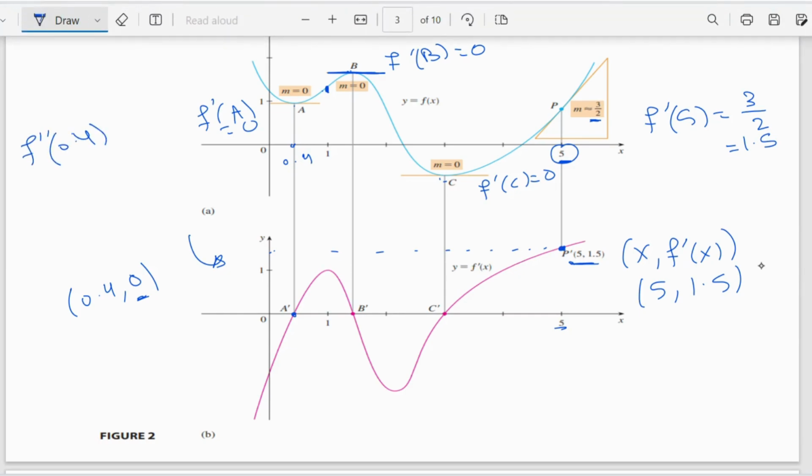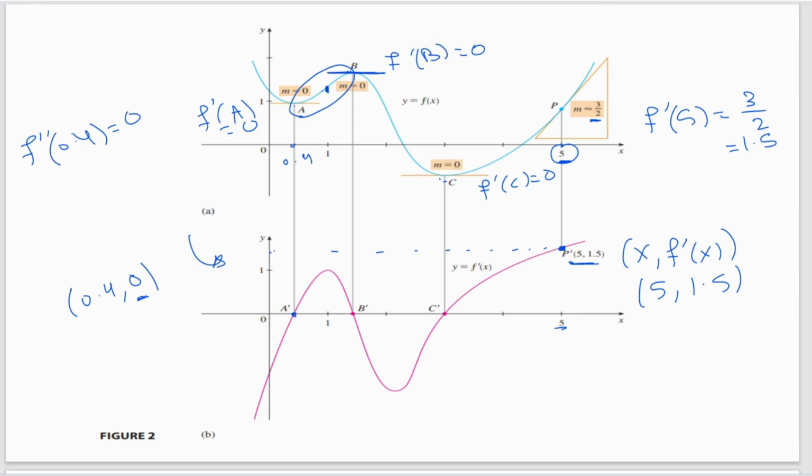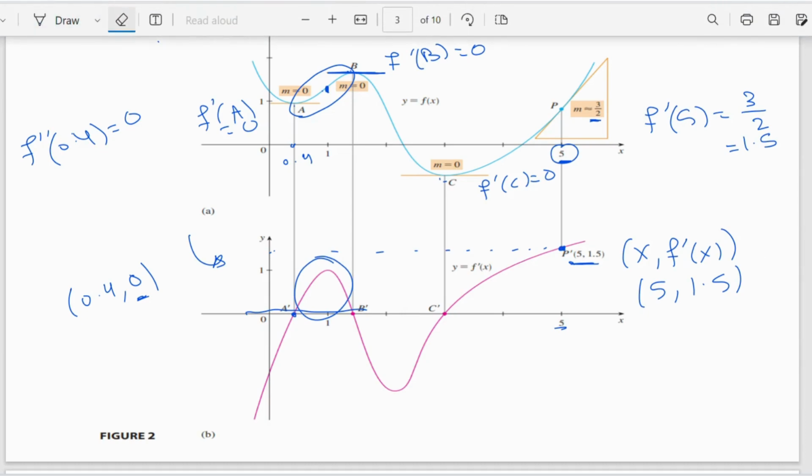Because the slope in this interval is positive, the graph of the derivative of the function will be above the x-axis. Okay, let me erase it, and it will be this part.